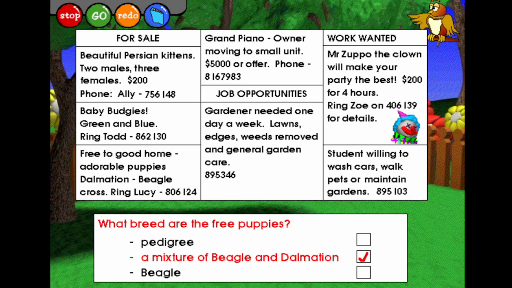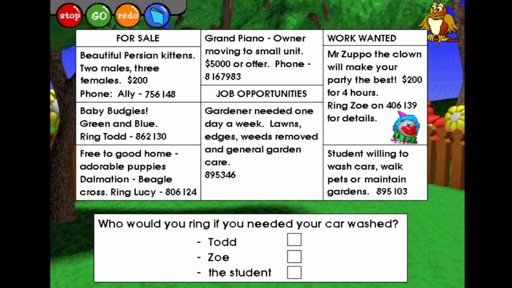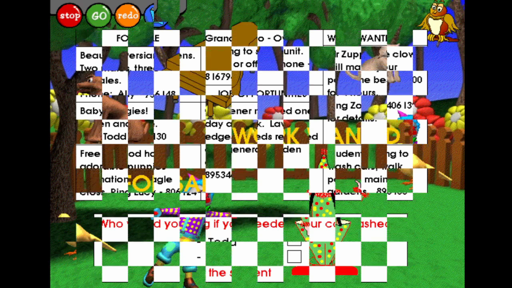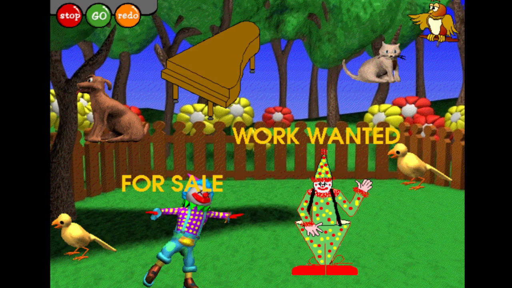A mixture of Beagle and Dalmatian. Who would you ring if you needed your car washed? The student. You are very good at this. Click on Go to do some more, or you can click on Redo to do this lesson again.